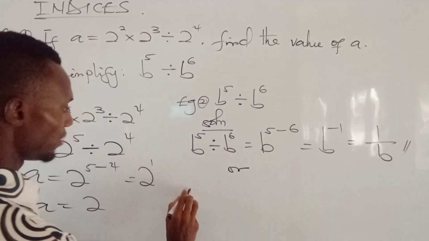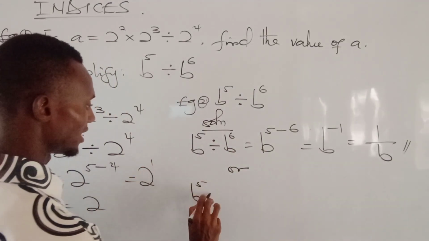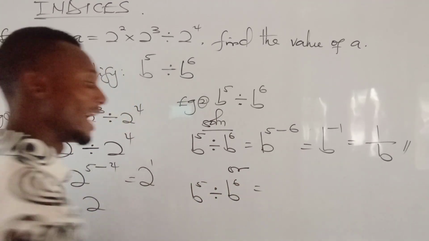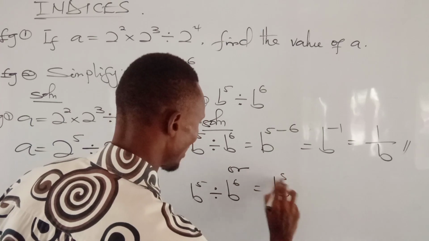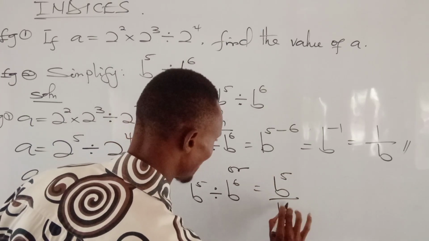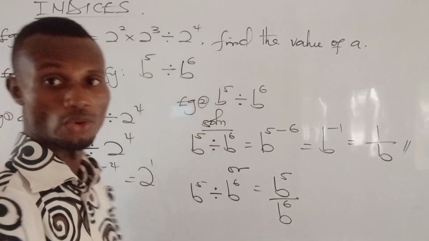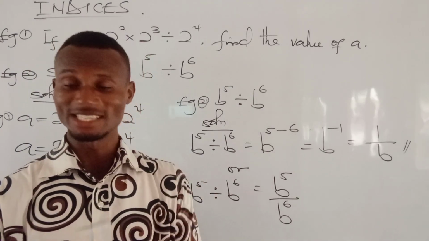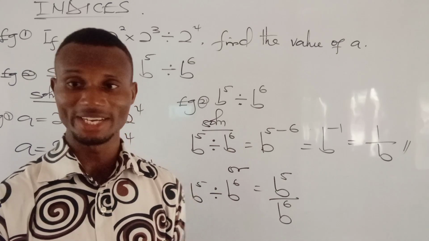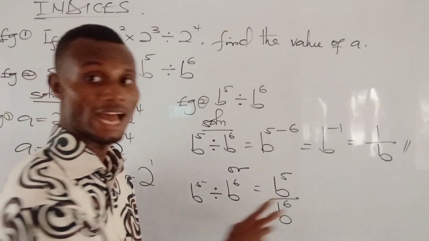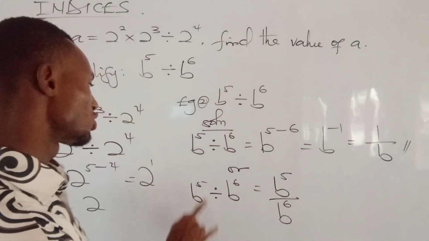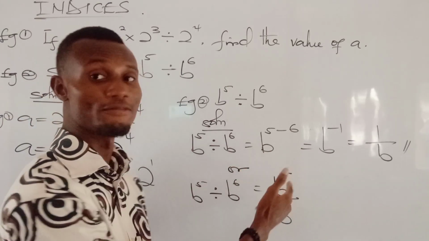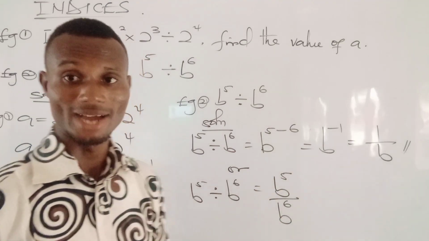So this b to the power 5 divided by b to the power 6, we can write in fraction form, and that is going to be b to the power 5 all over b to the power 6. Hope you remember, we did this under the multiplication and division of algebraic expressions. So we can express division as a fraction.